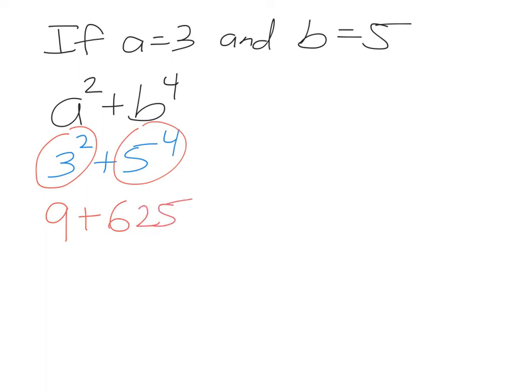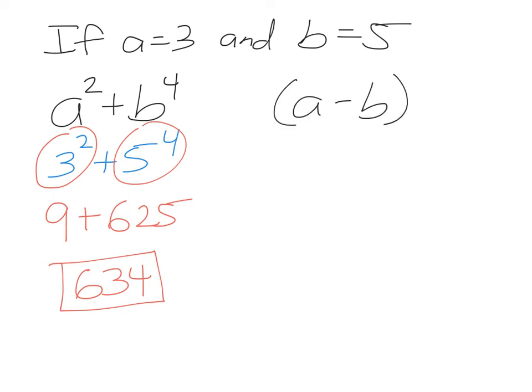And 9 plus 625, well, that's 634. So I would like you to try this one for me. Do A minus B squared. Pause the recording and try A minus B squared.